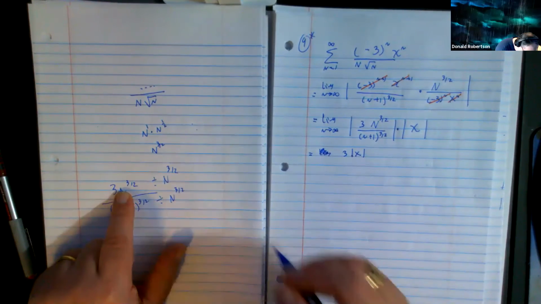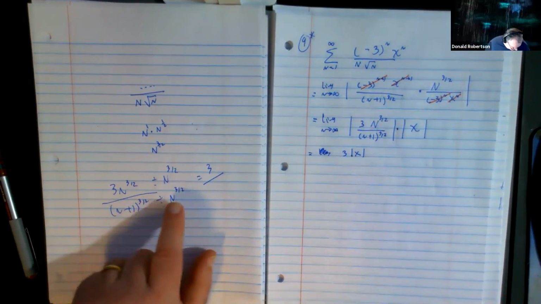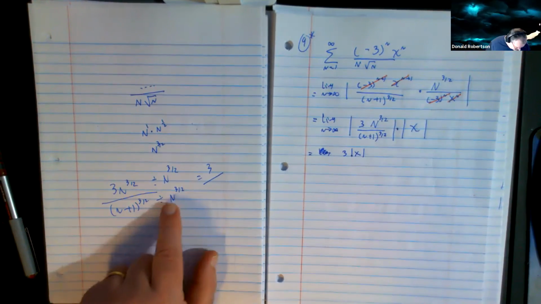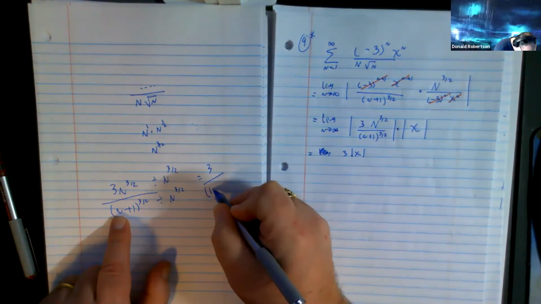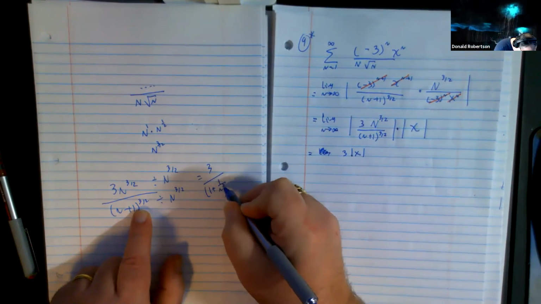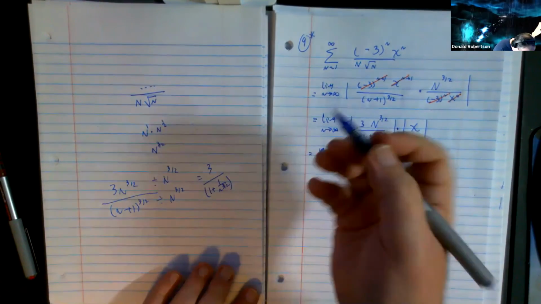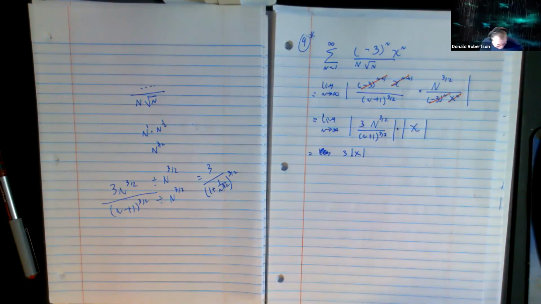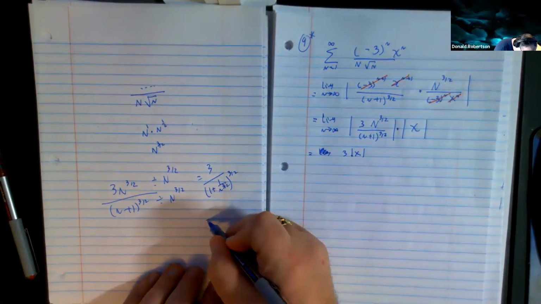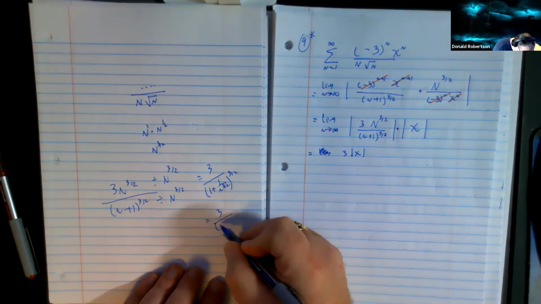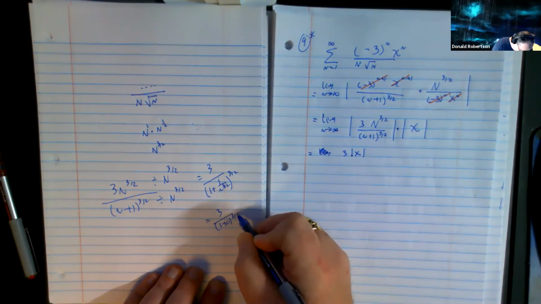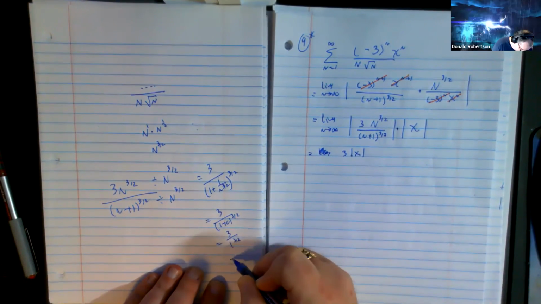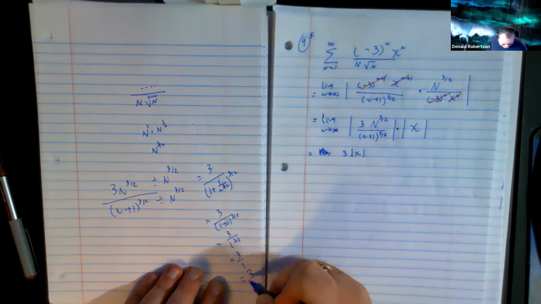Now, that guy gets you 3. This guy is allowed to go inside because they share the same power. So this fella becomes 1. This fella becomes 1 over n to the 3 halves, right? Now, brute force that guy. 1 over infinity gets you 0 to the 3 halves, which is 1 to the 3 halves, which is just 1, which gets you 3.